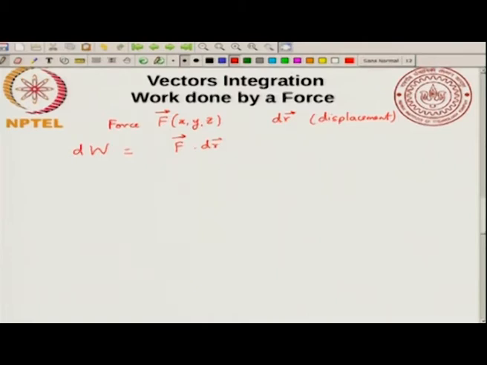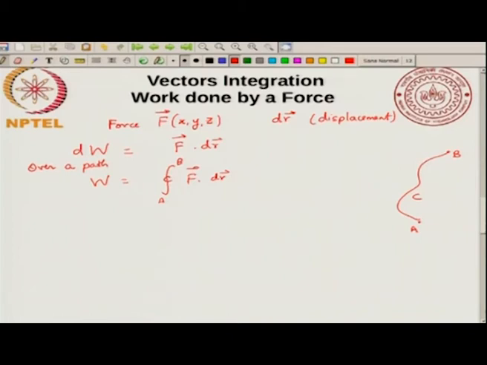And if you do it over a path, say you go from point A to point B, then the work done over some contour, which we will call C, is equal to the integral over the contour C from A to B of F dot dr. So it is just a line integral.